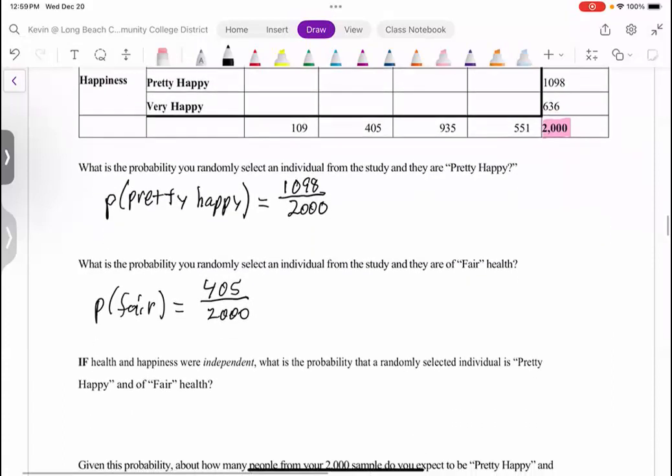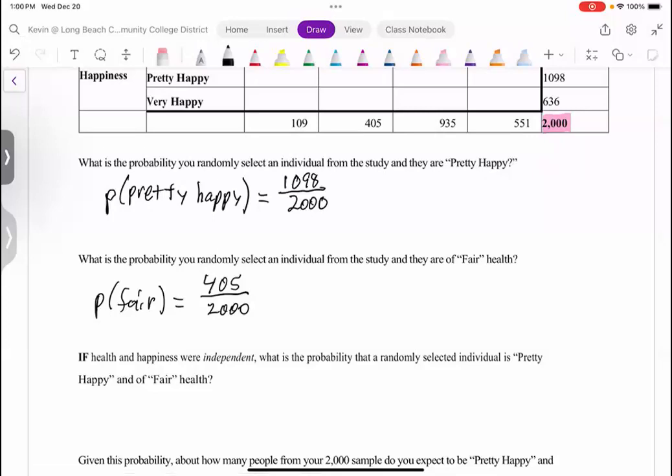So if they are independent, then how do we find the probability of pretty happy and fair health? So the probability of pretty happy and fair health is going to be the probability of pretty happy times the probability of fair health.